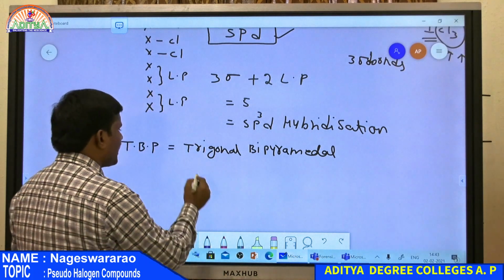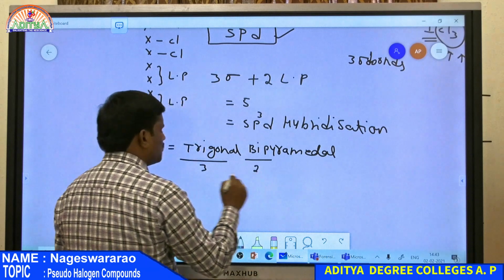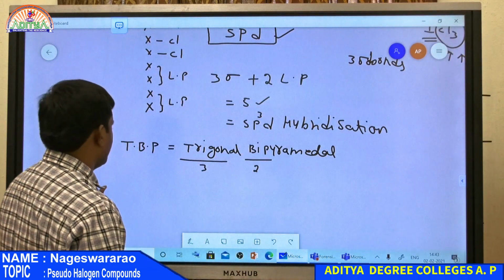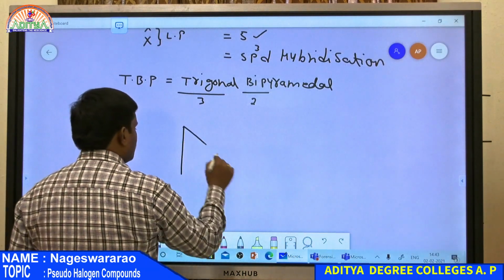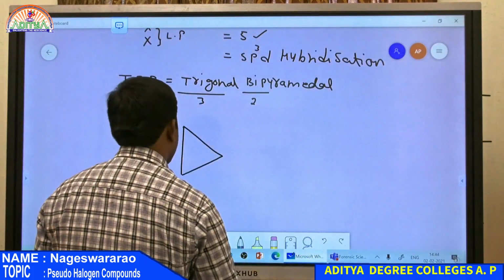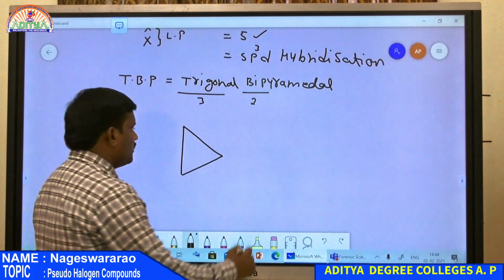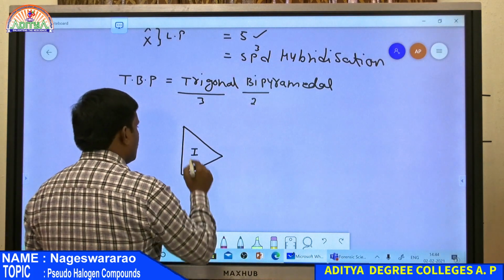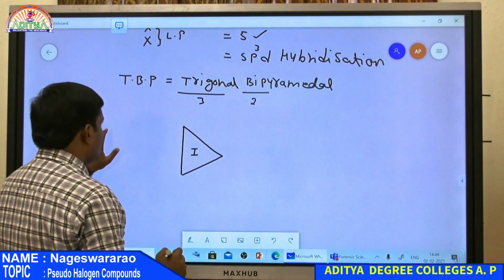Here trigonal means 3, bipyramidal means 2, so totally 3 plus 2, that is 5. And the structure is trigonal bipyramidal. So this is the central atom, that is iodine, and here are 3 chlorine atoms. So out of these 3, look at the structure.